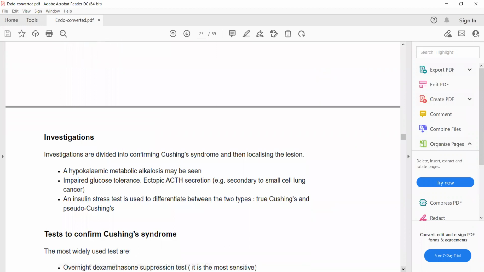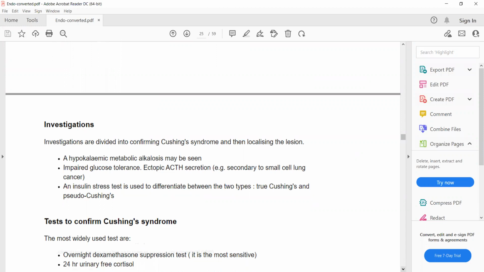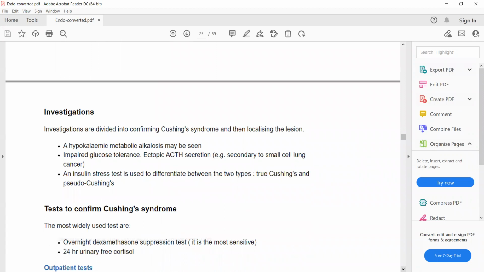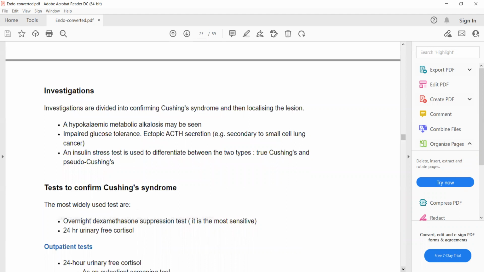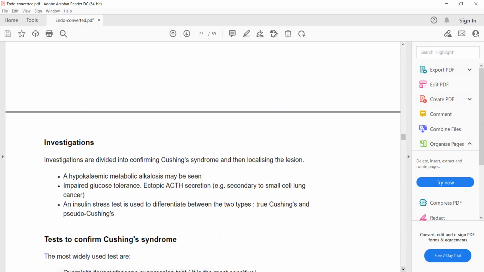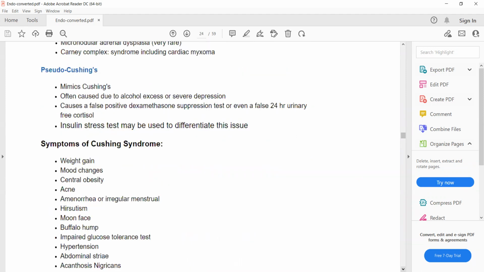Now investigation for the diagnosis of Cushing syndrome. We have already discussed that there will be hypokalemic metabolic alkalosis in Cushing syndrome and impaired glucose tolerance. Okay, there is one more other type of Cushing syndrome, and that is pseudo Cushing.